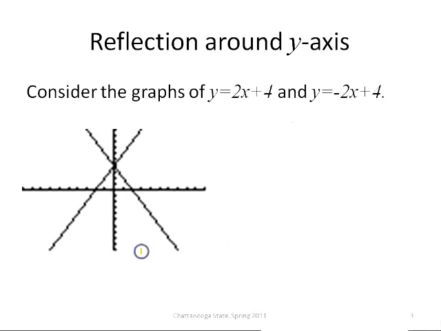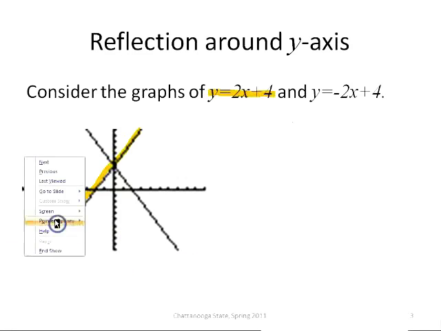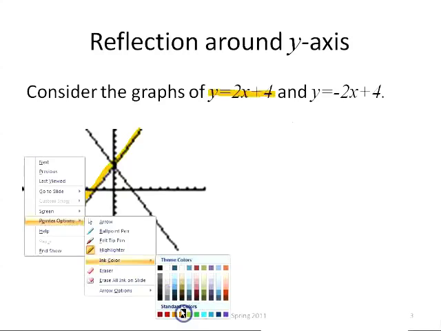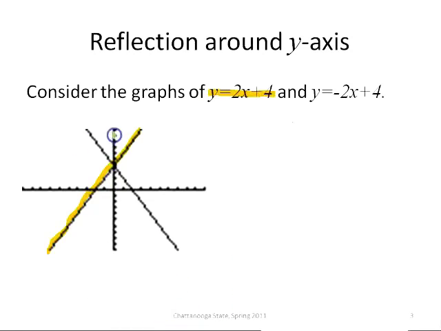Let me take my highlighter and show you that the first graph, y equals 2x plus 4, is my yellow line. Now, if I want to reflect that yellow line across the y-axis, think about folding this graph along the y-axis, folding it vertically.